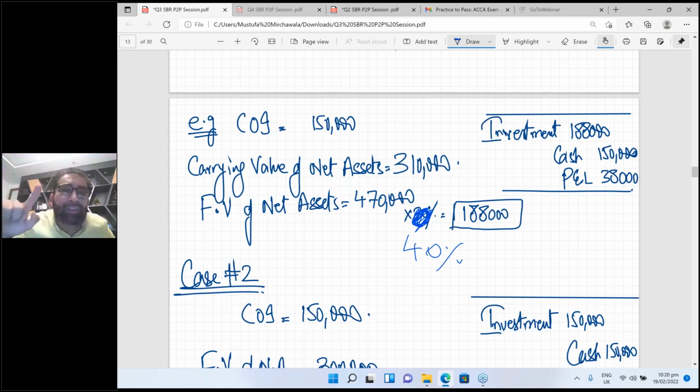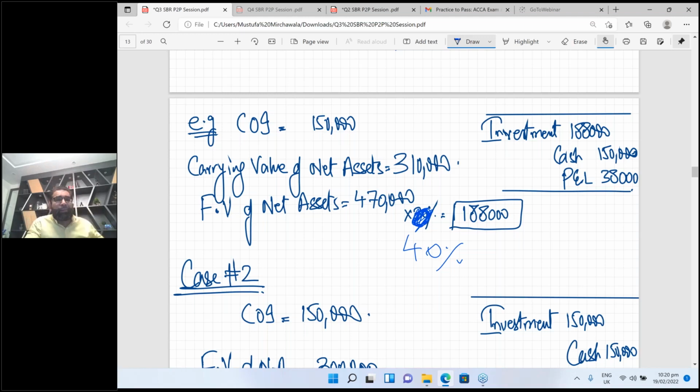That's why there was no need previously to calculate any goodwill or gain on bargain purchase. The same thing as I taught you in the subsidiary is done here as well.